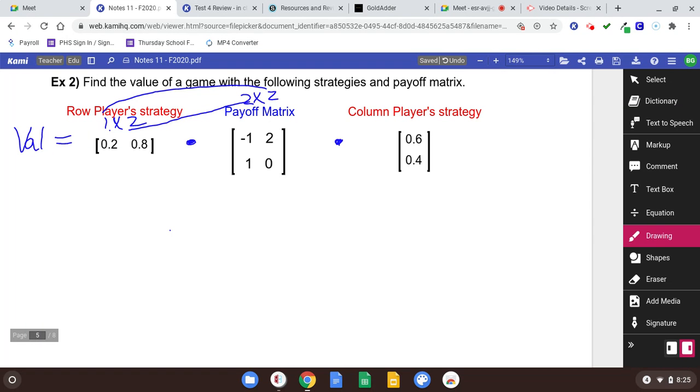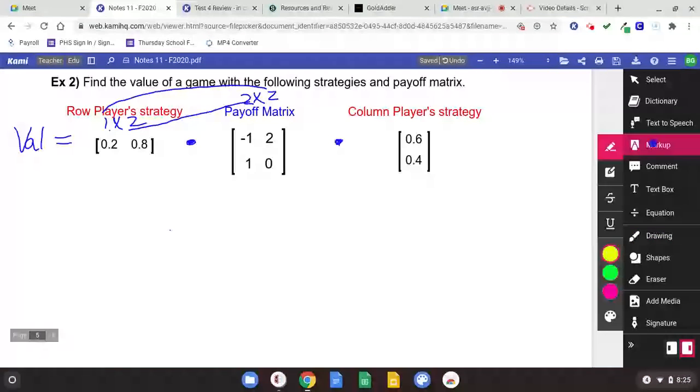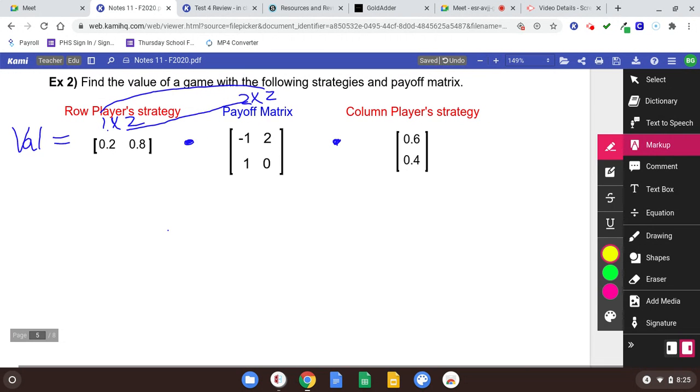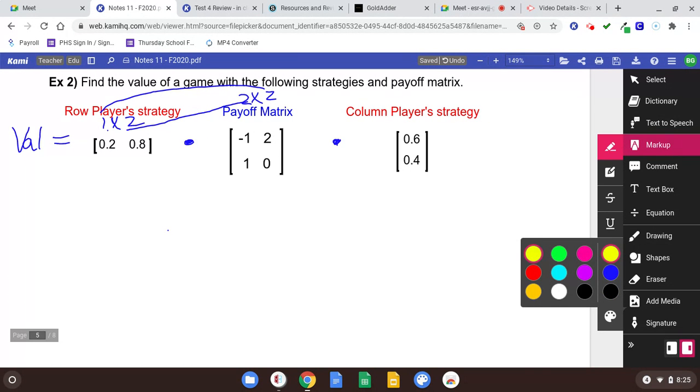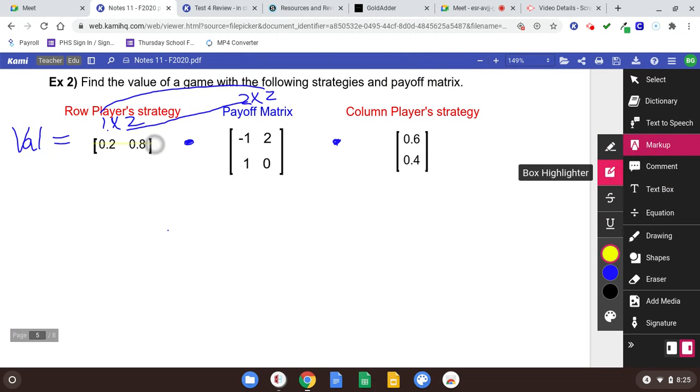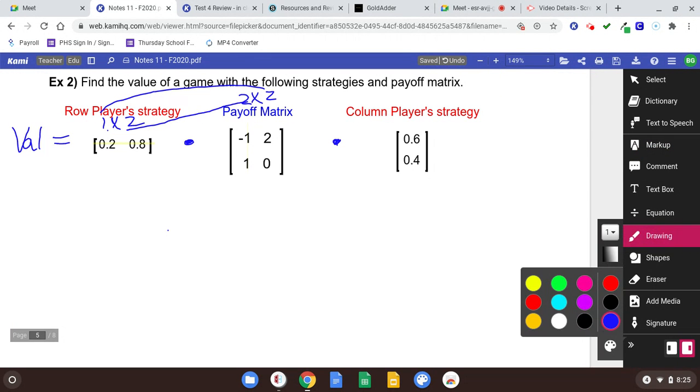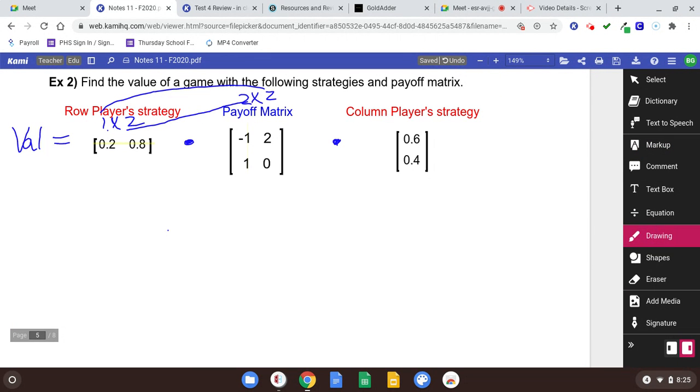Remember that from way back, probably in August when we did that. So also remember how this works. We would take a row times a column. So that means 0.2 times -1 is -0.2 plus 0.8 times 1 is 0.8, and that's positive 0.6.